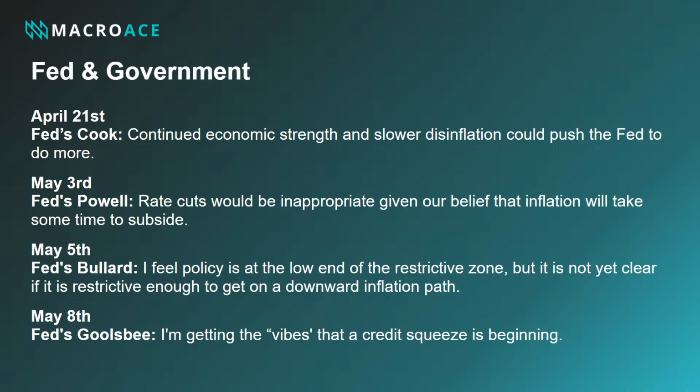Although we've already seen that from SVB, and with PacWest and Western Alliance having those jitters, there has been a knock-on effect, a domino effect, and there has been credit tightening.